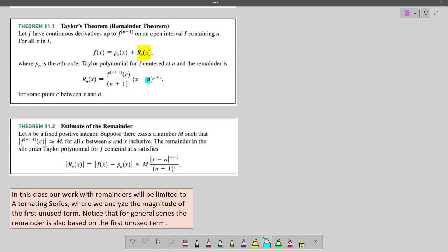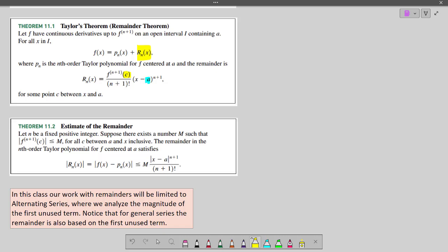What is the one thing that is different in this term than in the nth term? In the two examples we just did, we plugged in what value into the derivatives? We plugged in the center, right?